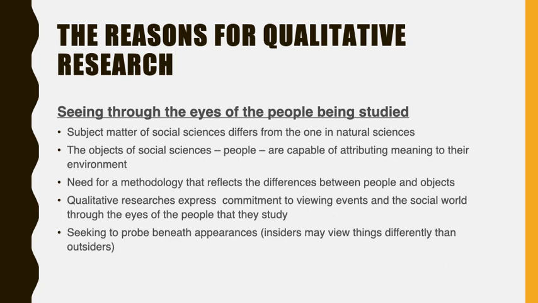It expresses how viewing the world through the eyes of people is valued, and it seeks to probe beneath the appearances. In quantitative research, we're looking at predicting factors of a particular outcome, while qualitative research seeks to understand why those factors matter at all.